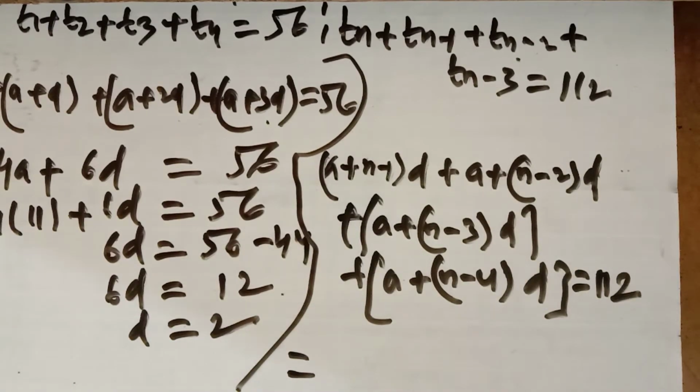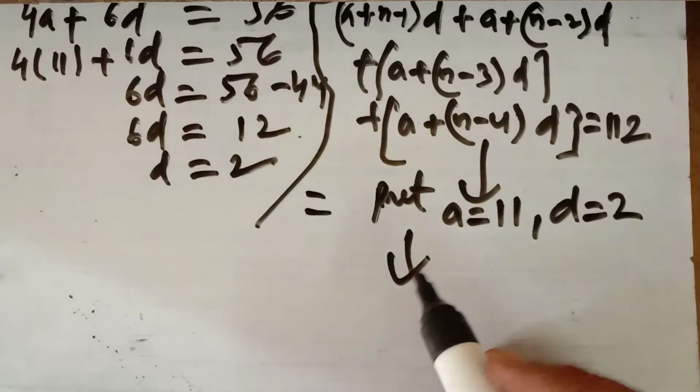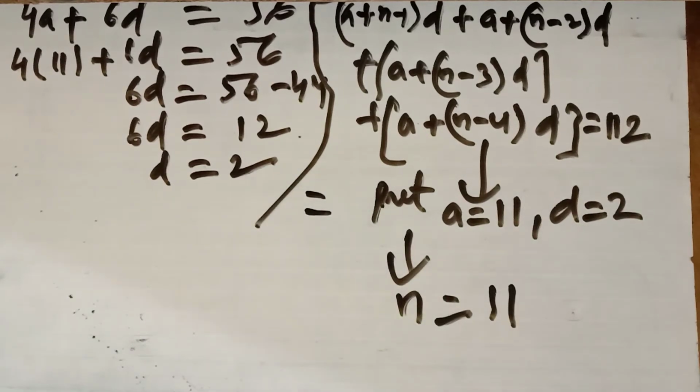You put the value of a as 11 and d as 2 in this equation. When you solve it, you will get the value of n as 11. The number of terms of this AP is equal to 11.